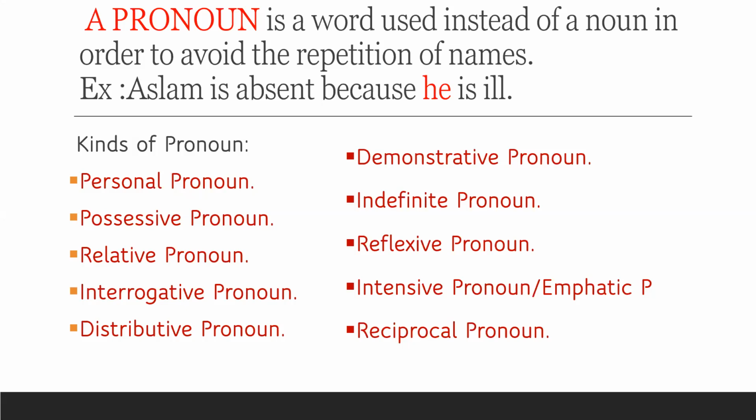Now, here the person given is Aslam, and when we are joining it to the other part of the sentence, after the conjunction, we are using he instead of Aslam because it doesn't look correct that every time we repeat names, so we have to use pronouns instead of names.